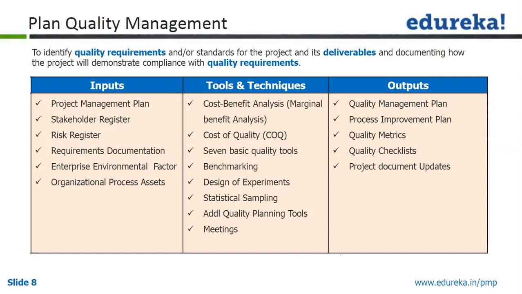Tools and techniques are covered in subsequent slides, so here I'm just going to mention those, and we'll cover the tools and techniques in detail as and when we visit those slides. The enterprise environmental factors and organizational process assets, the other two inputs, we are not going to cover in detail because we already know they will definitely contribute towards identifying quality requirements.